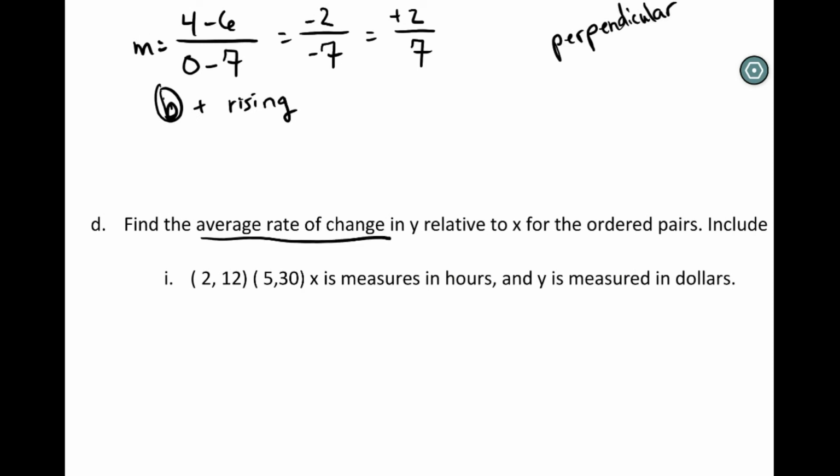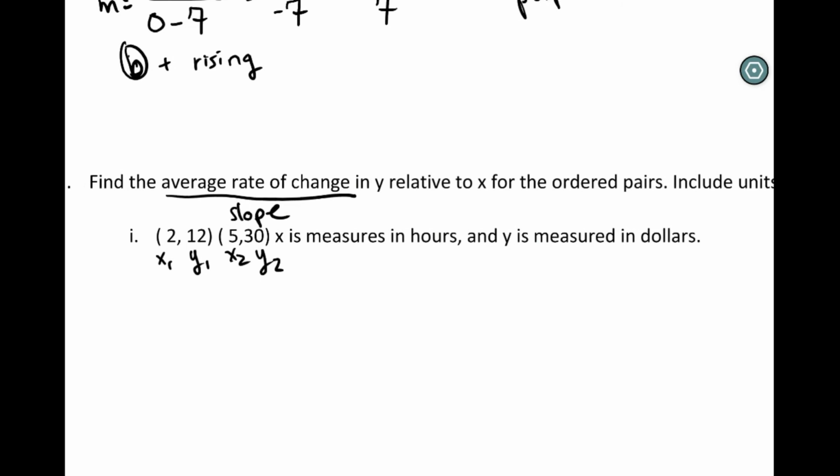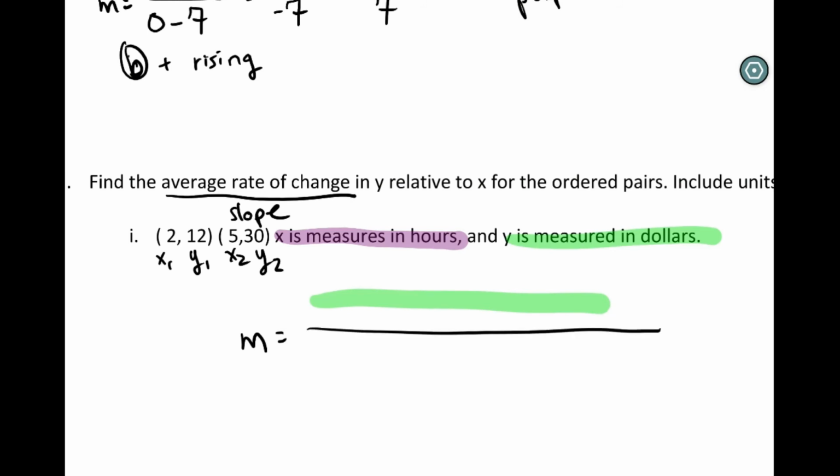Last piece, average rate of change. That just means slope. So pretend like this is x1 and y1, x2 and y2. As we set these up, it also tells us x is measured in hours and y is in dollars. Actually, we should do green for dollars and we'll say purple for hours. Just be aware that when you do your slope, you have dollar amounts on top and hours on the bottom.